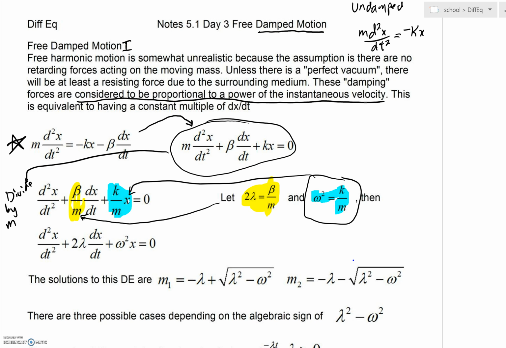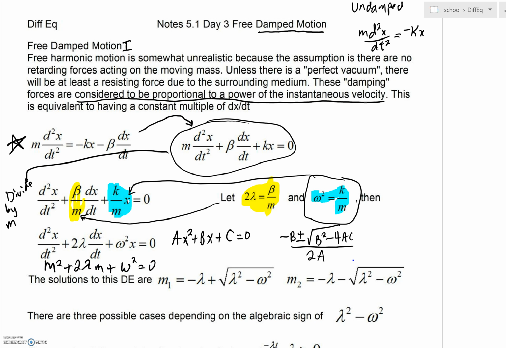Hopefully what you're seeing is that our characteristic equation would arrive with an ax squared plus bx plus c pattern, a quadratic. And with the quadratic formula you'd always have opposite b plus or minus the square root of b squared minus 4ac, all over 2 times a. Of course, our characteristic equation would be m squared plus 2 lambda m plus omega squared.